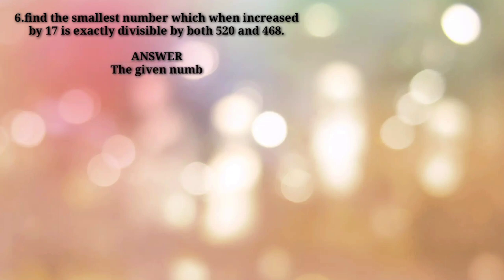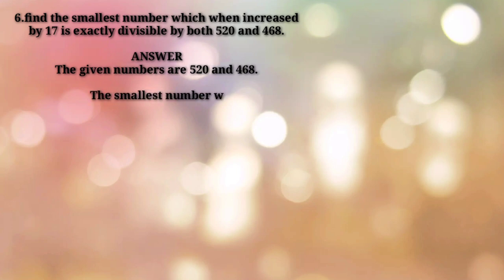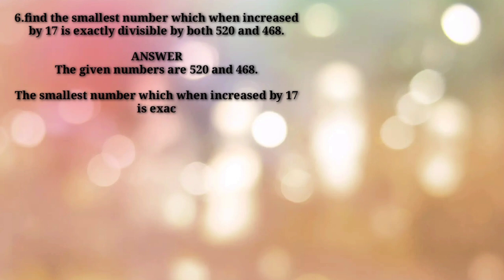So students, let us see the solution of this problem. Which are the given numbers? 520 and 468. So the smallest number you will have to find out, students, which when increased by 17 is exactly divisible by 520 and 468.